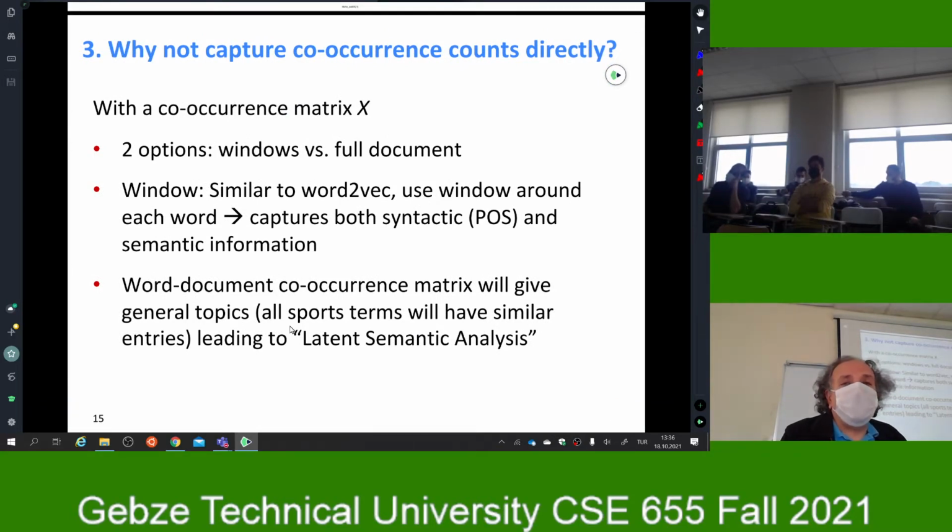another way of calculating the word vectors is counting the co-occurrences. Let's say I have two words, for example, ice and water. Usually they appear together in sentences. They are very close by most of the time.